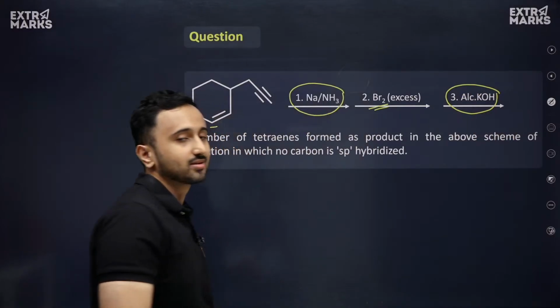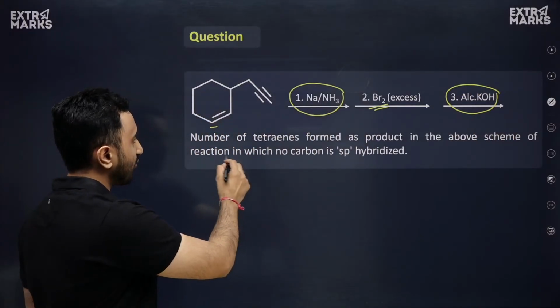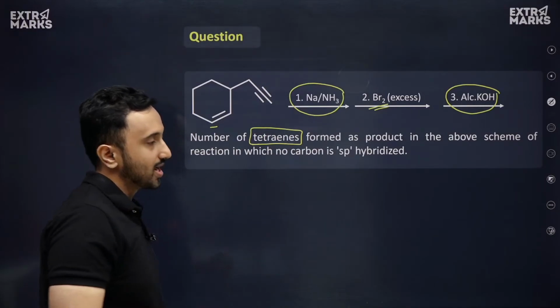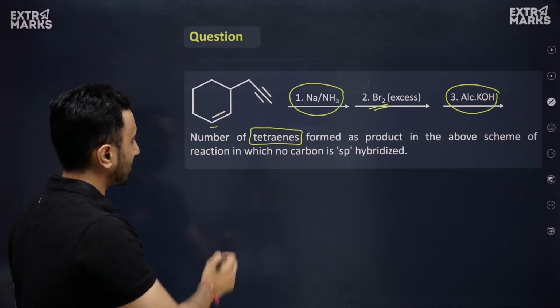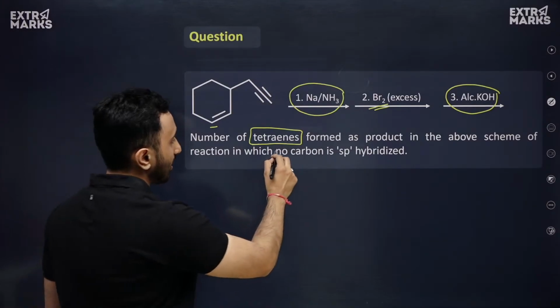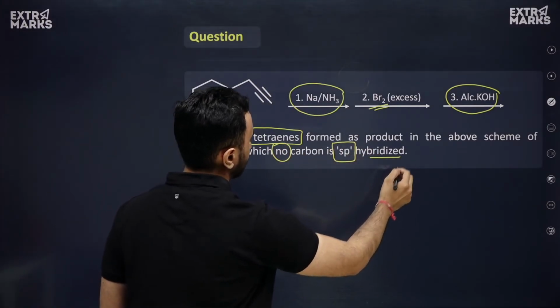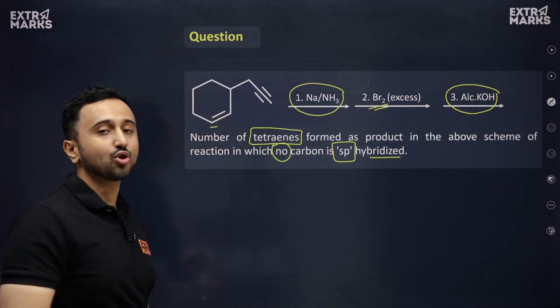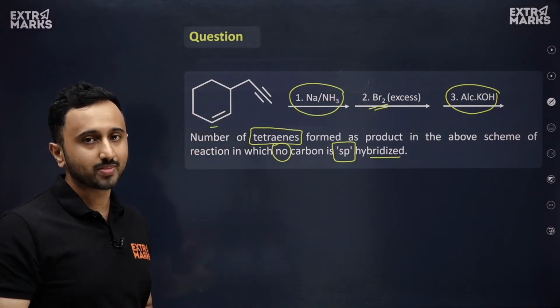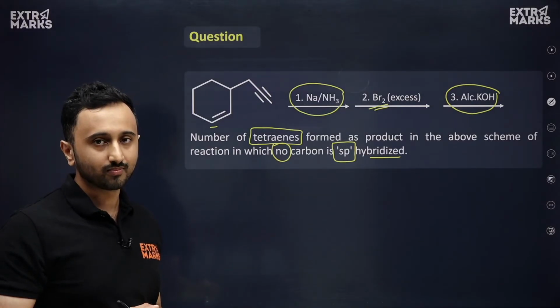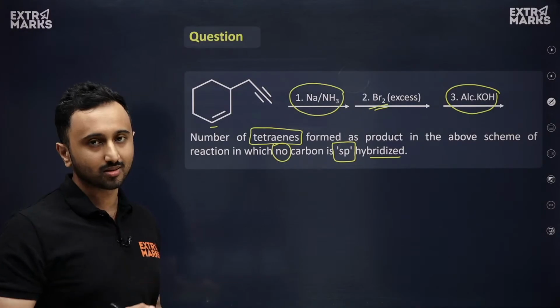The question says: number of tetraenes formed as product in the above scheme of reaction in which no carbon is sp hybridized. That means there must not be any triple bond present in the final product. We need to count how many products will be there like this.